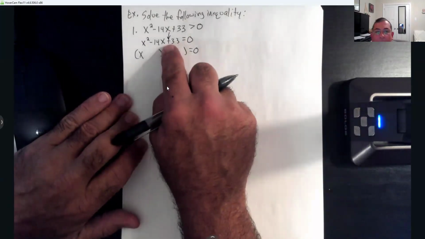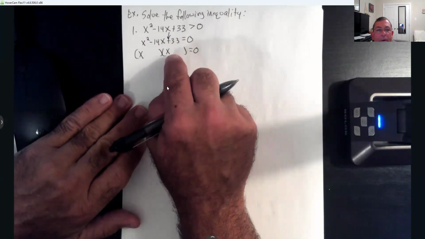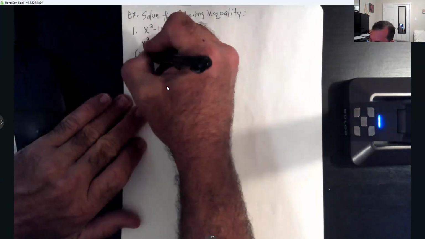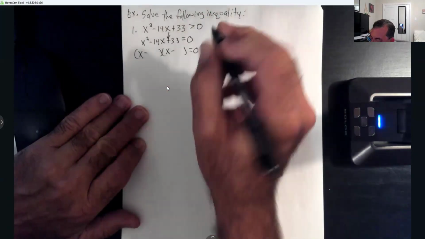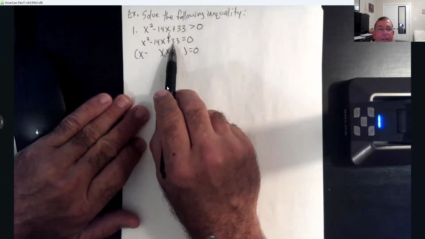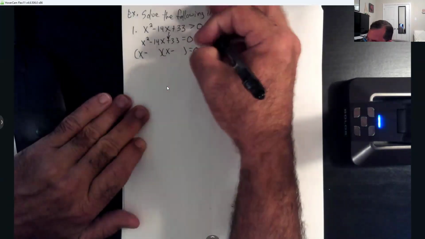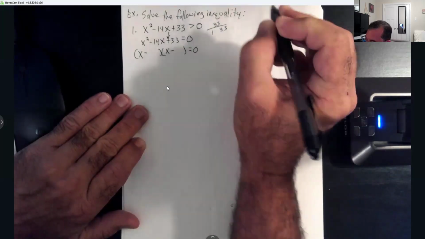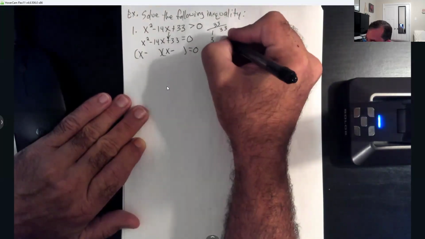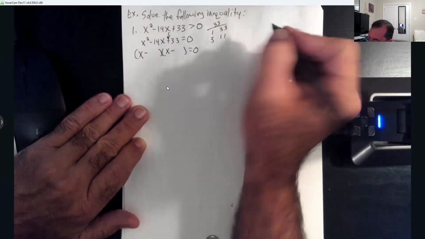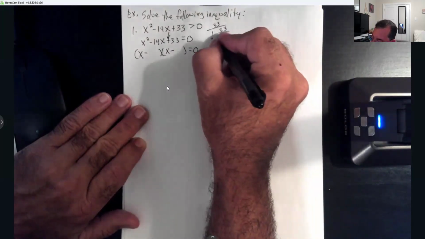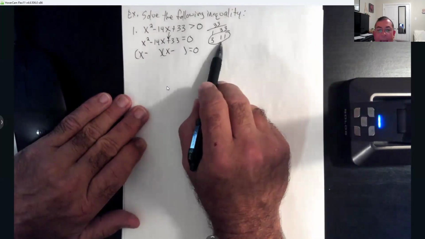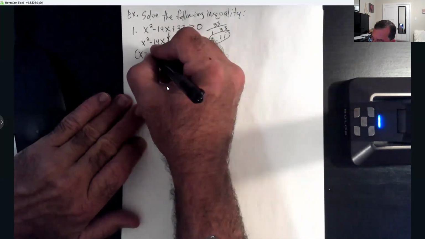So y'all here, the last number's positive, so both of these factors will be negative like the middle. I need factors of 33 that'll equal 14. So 1 and 33, what else is there? 3 and 11. And y'all, that's the only way to get a 33. And the two that add to 14 are 3 and 11.